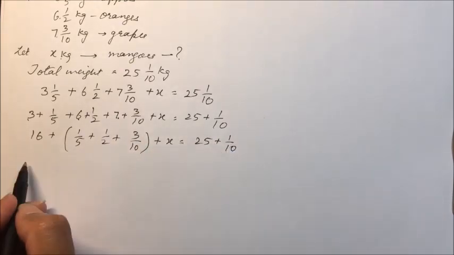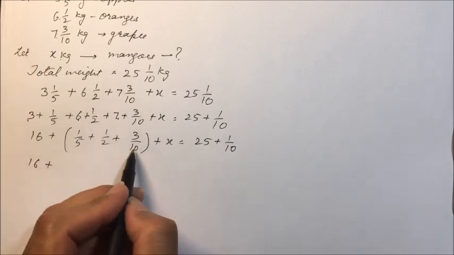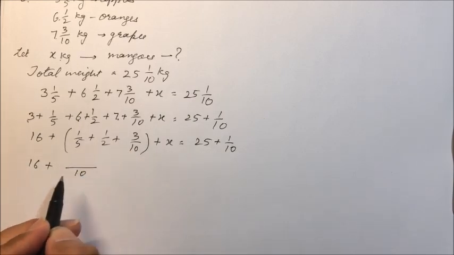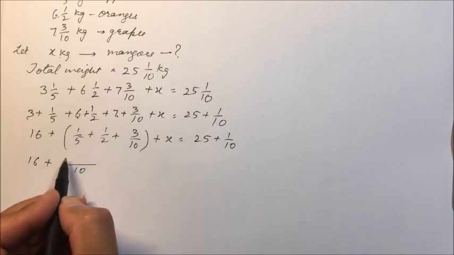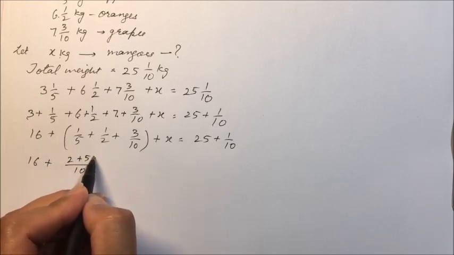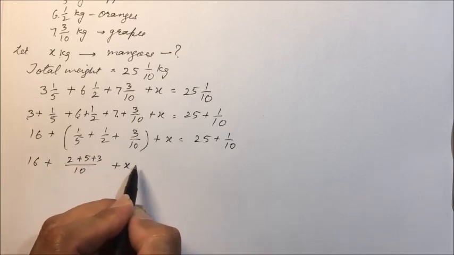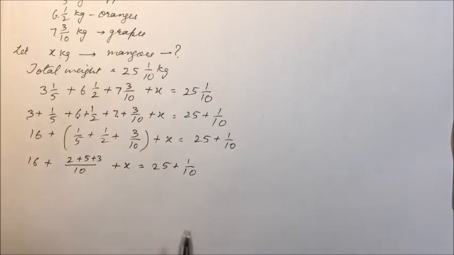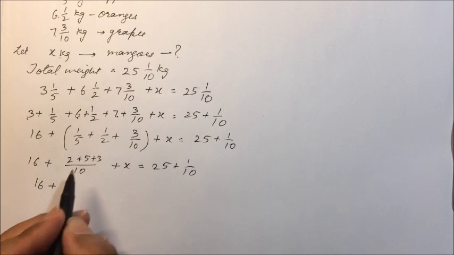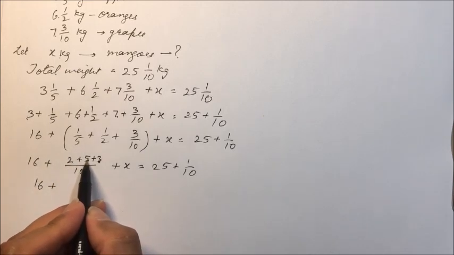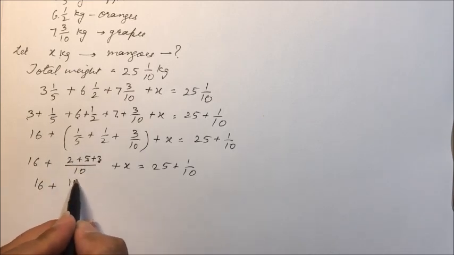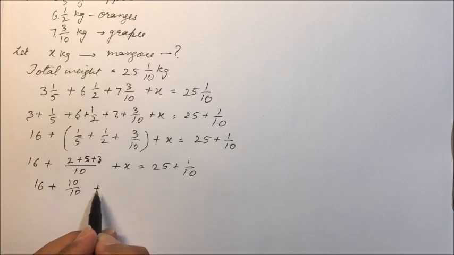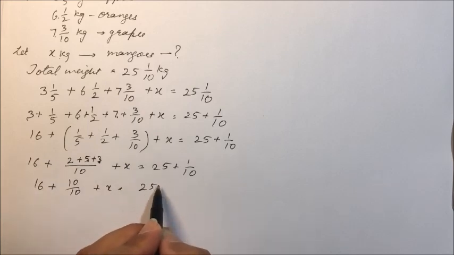So 16 plus, now take the LCM, 10 is the LCM. So here we'll be writing 2 plus 5 plus 3 plus x equal to 25 plus 1 upon 10. 16 plus 2 plus 5, 7, 7 plus 3, 10 upon 10 plus x equal to 25 plus 1 upon 10.